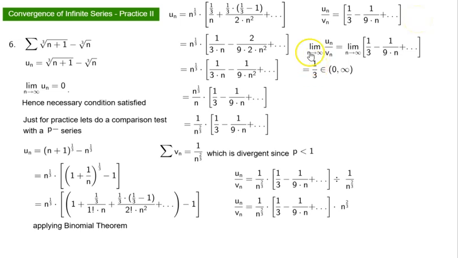So we are left with the limit as n goes to infinity of u sub n by v sub n equal to 1/3, which is a finite, non-zero value. So since the series v sub n is divergent, that means the series u sub n is also divergent.